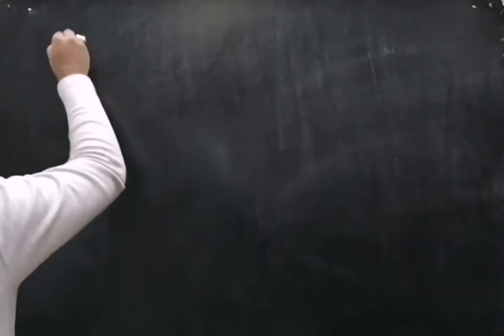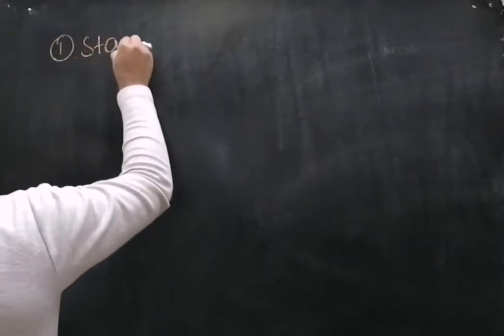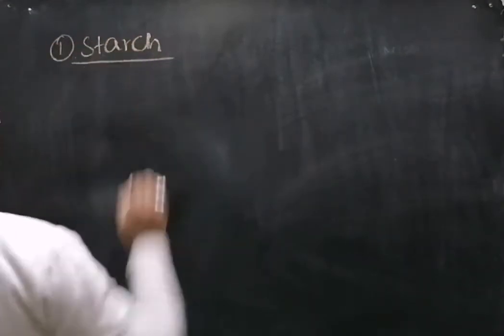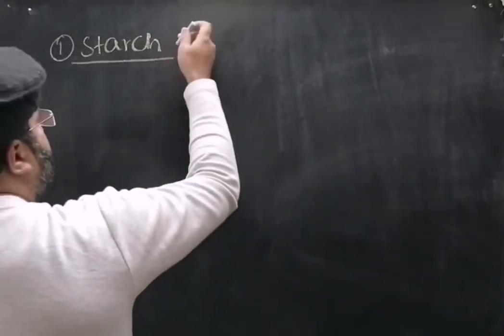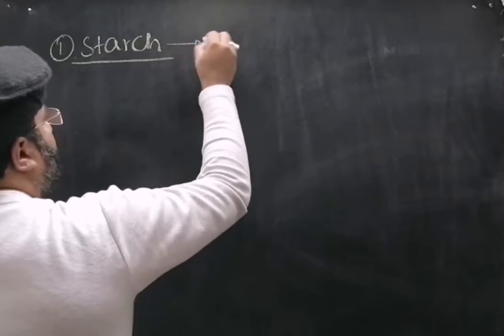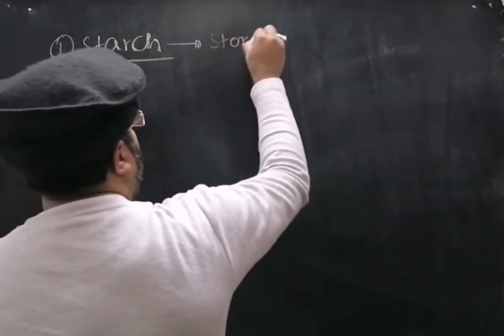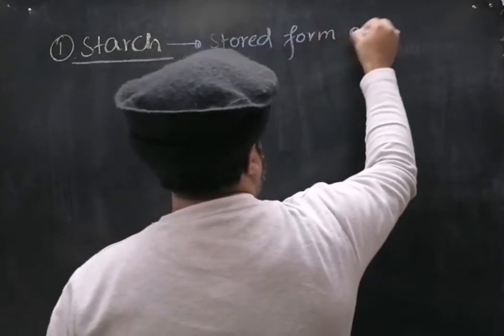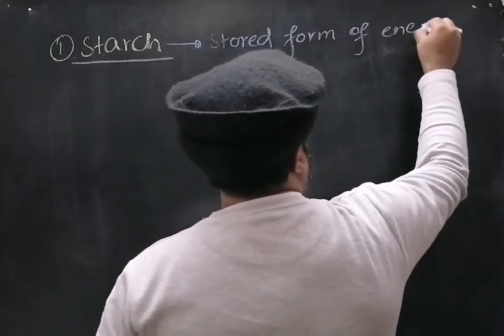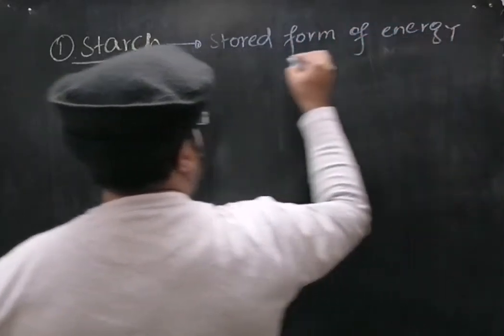First of all, we are going to discuss starch. Starch is a stored form of energy for plants.